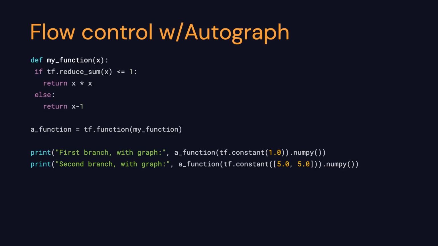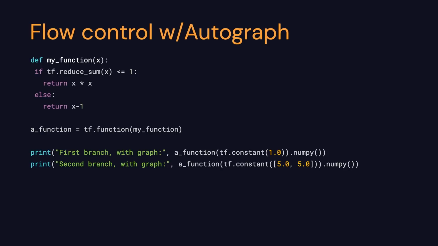With flow control, you won't be able to use these dynamic ifs and whiles inside Python. The good news is TensorFlow comes with autograph. So when you wrap a function in tf.function that contains flow control, we reparse the Python and we're able to generate TensorFlow ops like tf.cond and tf.while that allow you to do branching inside your graph.